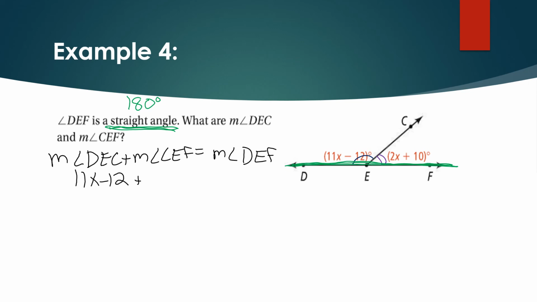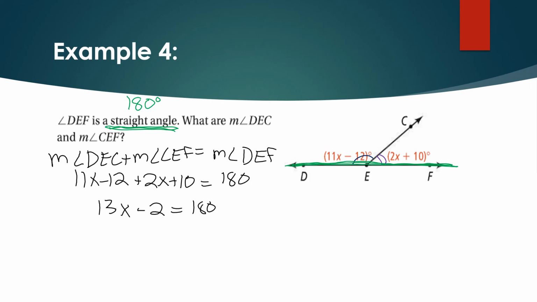Angle CEF is 2x plus 10. And angle DEF is the straight angle at 180. So from here, we're going to combine like terms. 11x plus 2x is 13x. Negative 12 plus 10 is negative 2, and that equals 180.